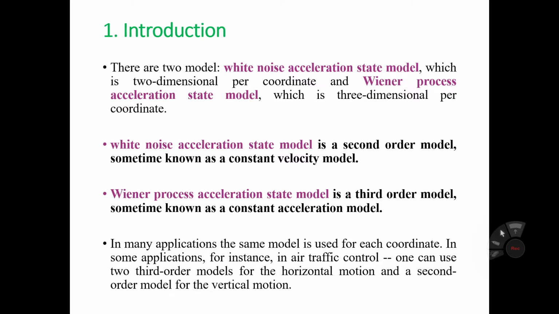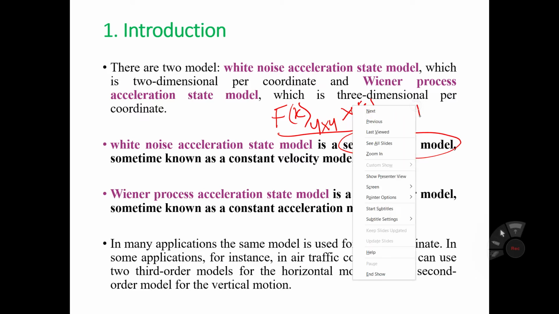In case of the second order model, f of k is a 4 by 4 matrix, and x of k is a 4 by 1 vector. Means it includes only the two-dimensional position and two-dimensional velocity. So this is the second order kinematic model.